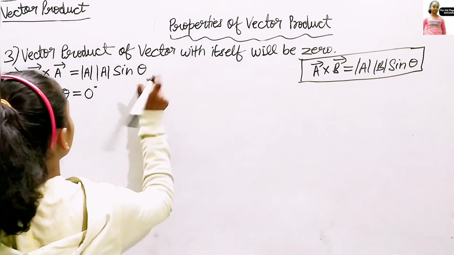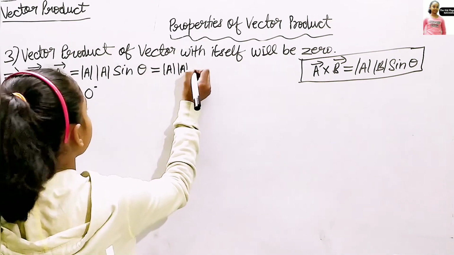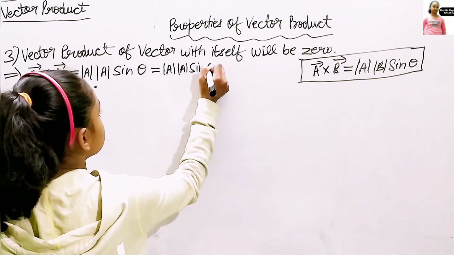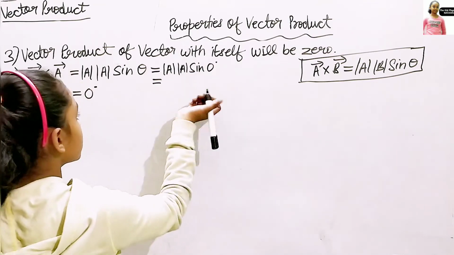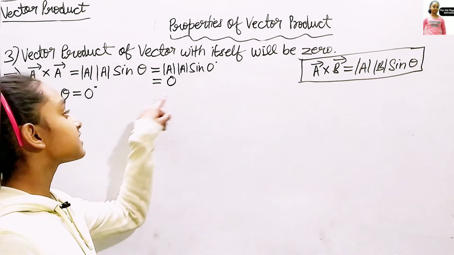So our theta will be 0 degrees. Now mod A, then sine 0. And I have told you that sine 0 degrees equals 0. So our whole answer will be 0.